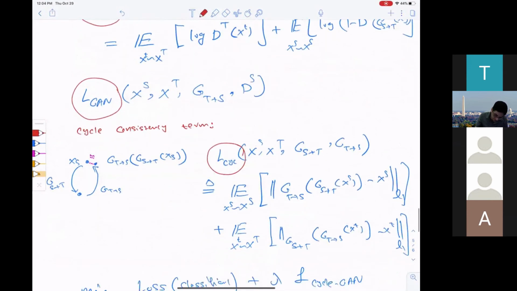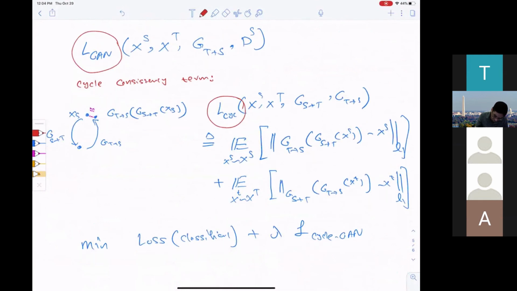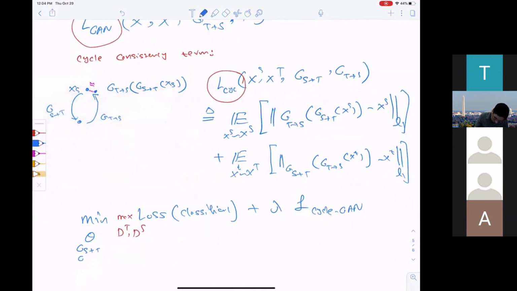So I'm going to minimize this over my parameters theta, but I'm going to maximize it over the discriminators, the source and target discriminators. And that's basically the main idea of domain adaptation based on image-to-image translation.